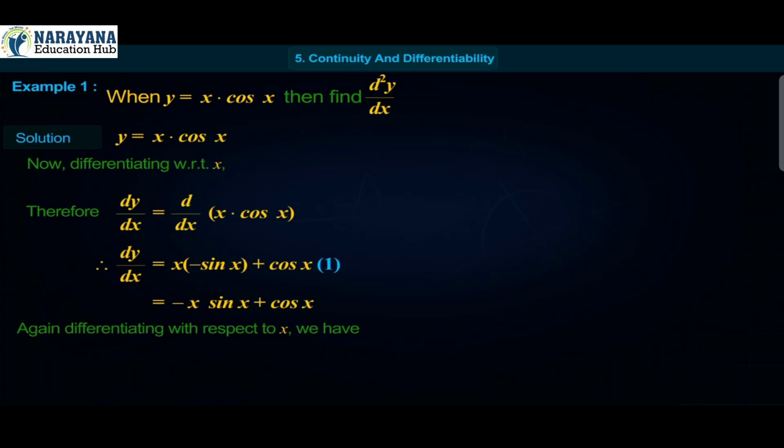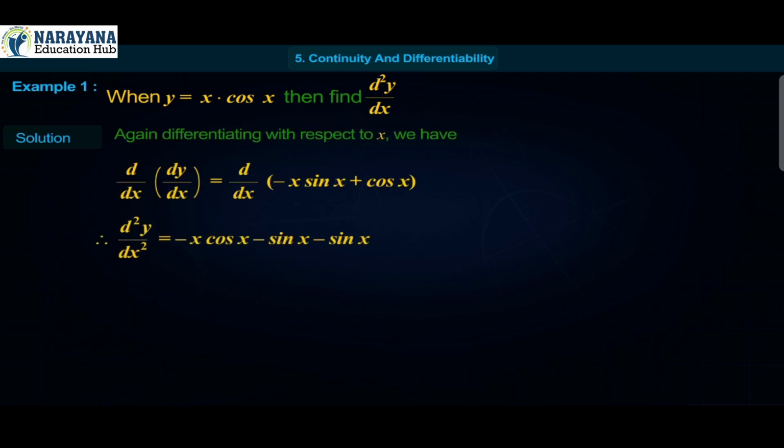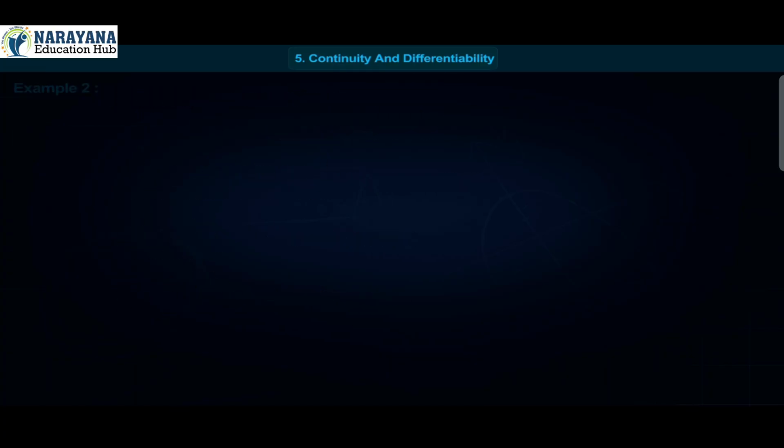Again, differentiating with respect to x, we have d by dx into dy by dx is equal to d by dx into minus x sin x plus cos x. Therefore, d square y upon dx square is equal to minus x cos x minus sin x minus sin x. Therefore, d square y by dx square is equal to minus x cos x minus 2 sin x.